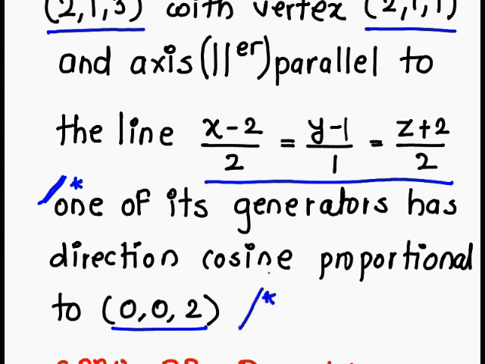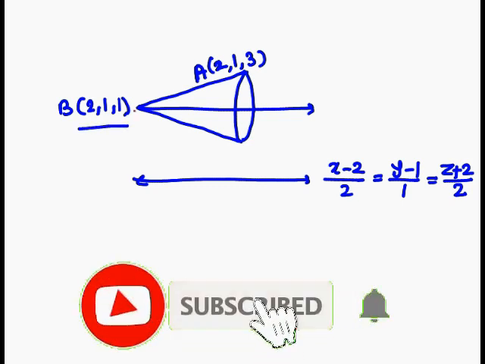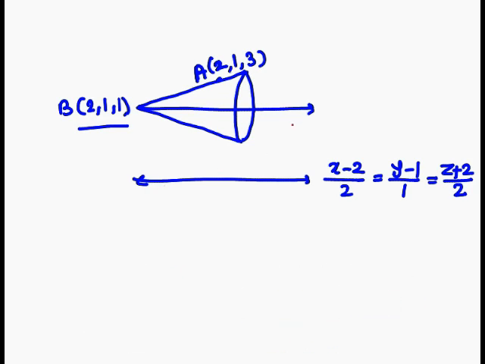So let's solve this question by giving the information up to this, axis parallel to the line. So let's start with the solution. From the given information, we draw the right circular cone with the vertex 2, 1, 1, and one of the points from the cone is 2, 1, 3, and our axis is parallel to another line with this equation.